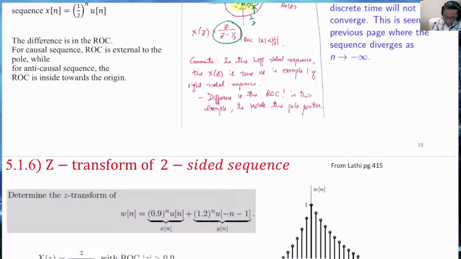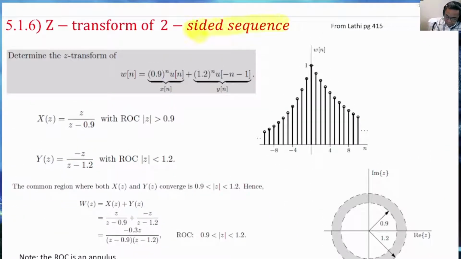As a last example of Z-transform of two-sided sequence, infinite sequence, we have one term 0.9 to the power of n on the causal side. And because it's 0.9 to the power of n, as n goes to infinity, it becomes smaller and smaller. At the other side, we have 1.2 to the power of n, and you would think it's growing, but because this 1.2 to the power of n is only dealing with the anti-causal side, as n grows larger, 1.2 to the power of n becomes smaller.